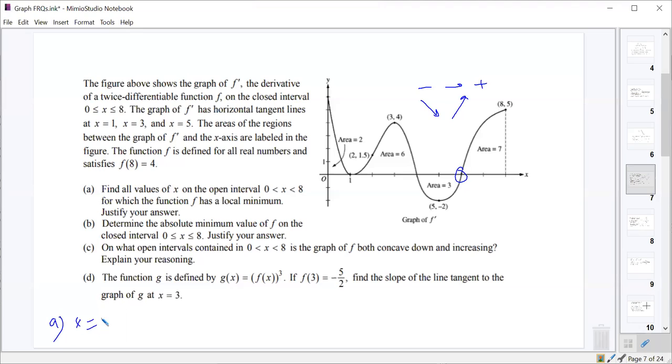And so x equals 6, critical value, F prime goes negative to positive. And this critical value, we're going from positive to negative, so that's a local max. This critical value, we're going from positive to positive, and it is neither a max or a min. Everybody good there with part A? Part A is just worth 1 point.